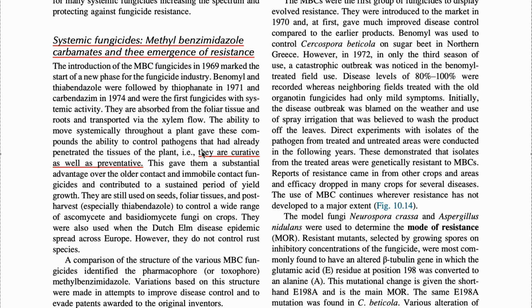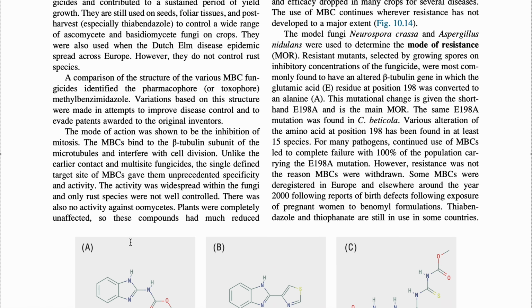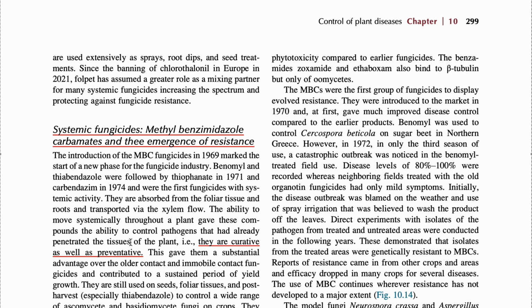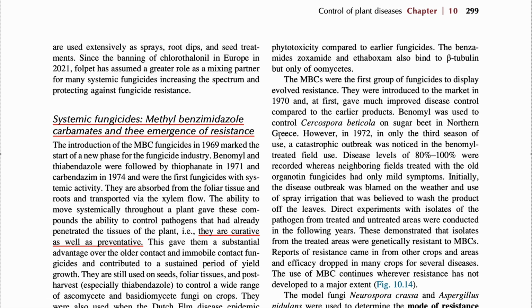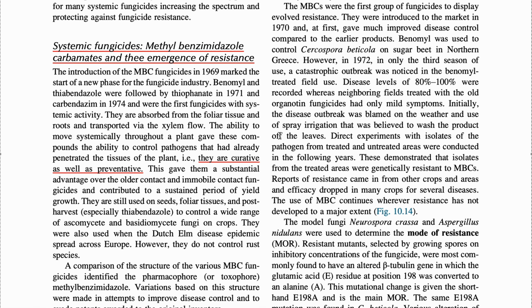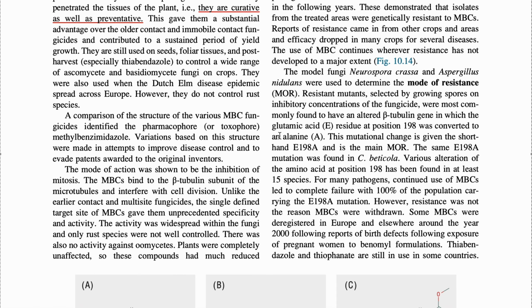Because of this curative and preventive action, they have the upper hand of being more beneficial. Many examples have been mentioned.